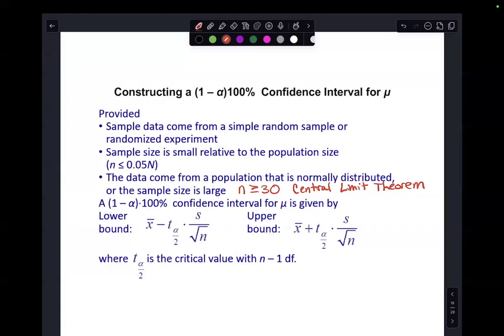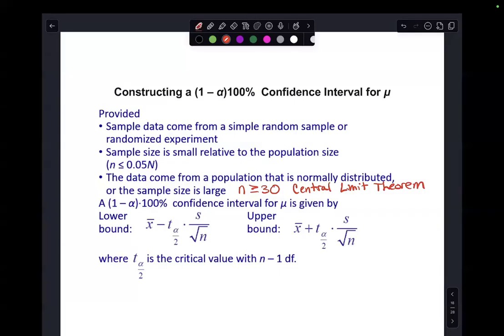That's what the central limit theorem tells me. Now, I'm not going to mark you down if you don't say that it's because of the central limit theorem that you can use this. I'm not going to mark you down for that. So no worries.